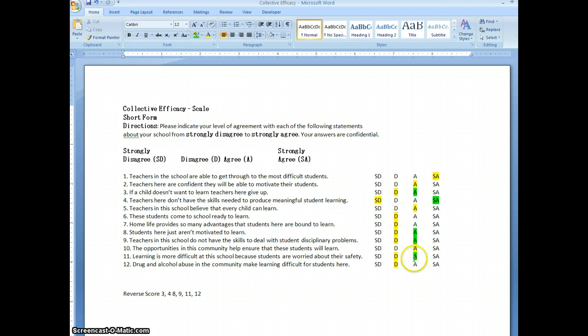Because what we want to do, the purpose of doing something like this, is to get an overall picture of how people feel about collective efficacy. Because I'm going to take my score and everybody else's scores on this. I'm going to come up with a whole picture of how this group of people at this school feels about collective efficacy. So now the question is what do I do with this information?